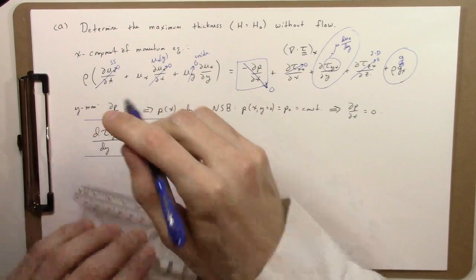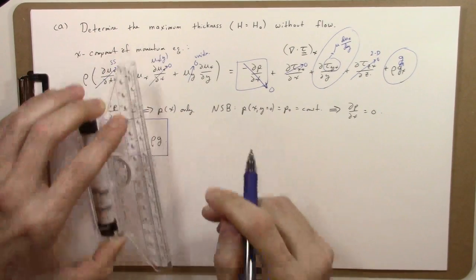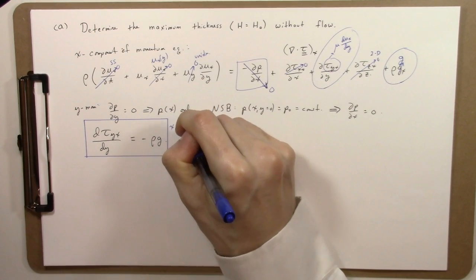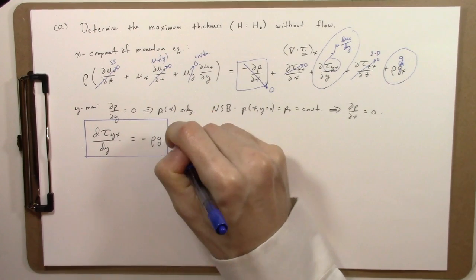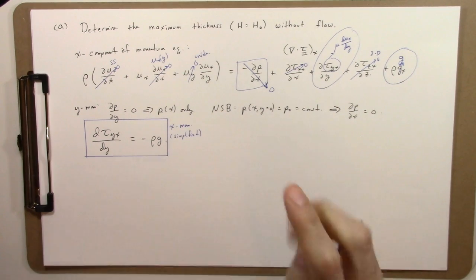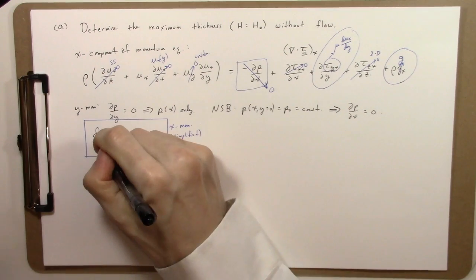That's the result from the x component of the Cauchy momentum equation with the simplifications that ux is a function of y only, uy and uz are 0. This is x momentum simplified. It's a first order ordinary differential equation for the shear stress, tau yx.